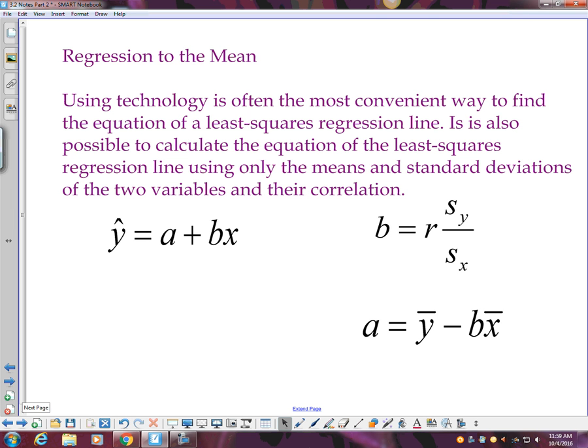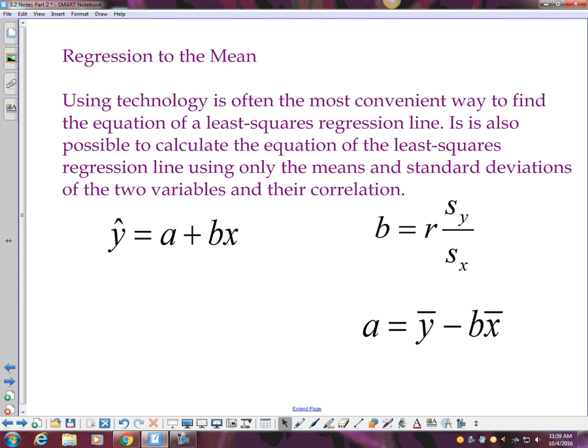Using technology is often the most convenient way to find the equation of a least squares regression line. But it is also possible to calculate the equation of the least squares regression line using only the means and the standard deviations of the two variables and their correlation.